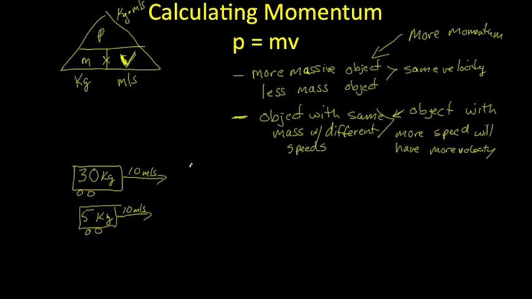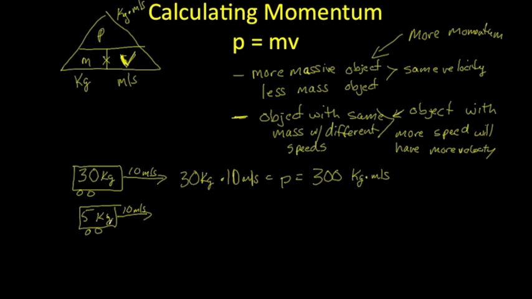All right? If we plug this in, we get 30 kilograms times 10 meters per second. It would have a momentum of 300 kilograms times meters per second.